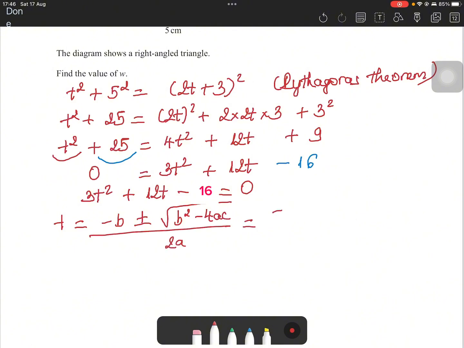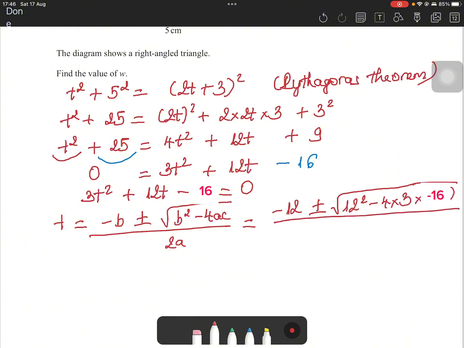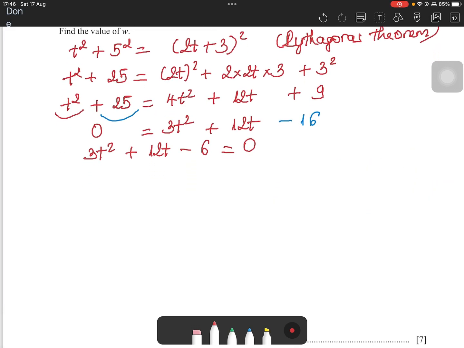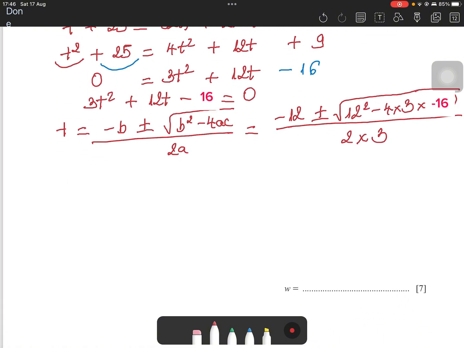In this case, negative b is negative 12 plus or minus the square root of 12 squared minus 4 times a is 3, and c is negative 6, over 2a means 2 times 3. So t can be negative 6 plus or minus 2 root 21 over 3.